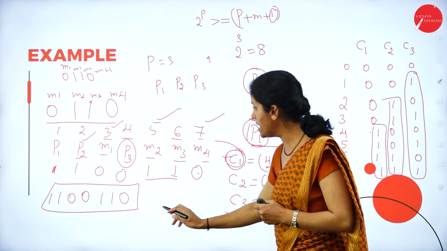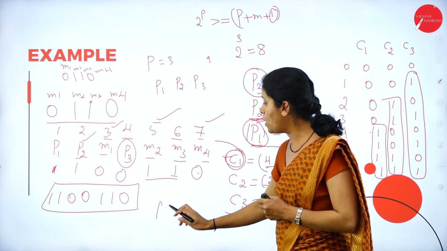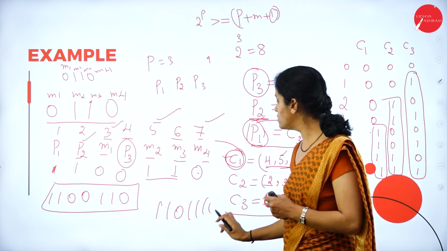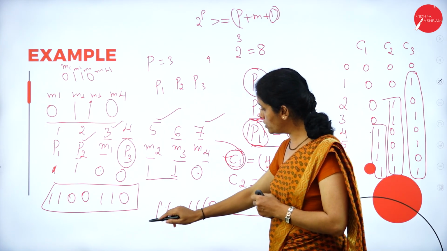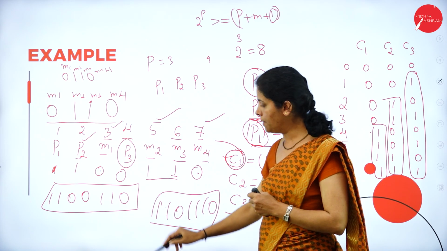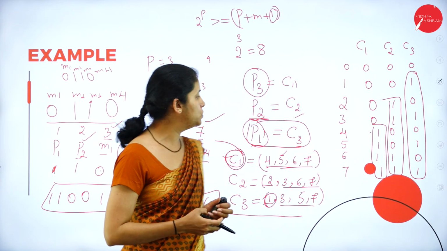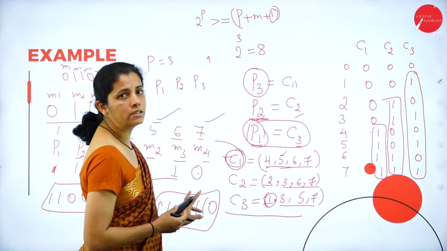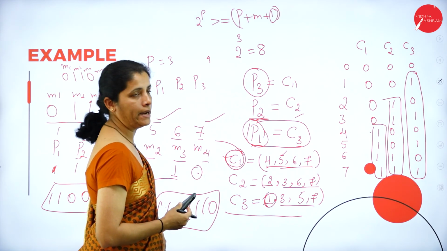For example, say if my data is 1101110, the receiver is going to check which data bit is corrupted.